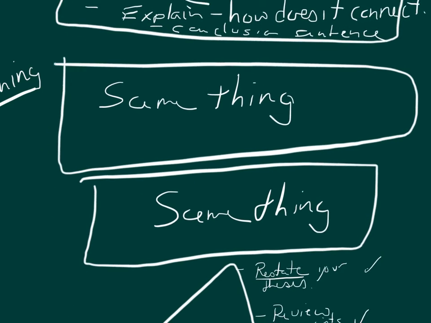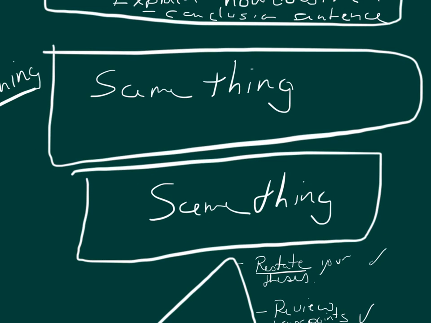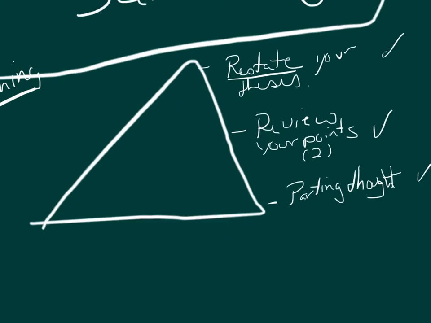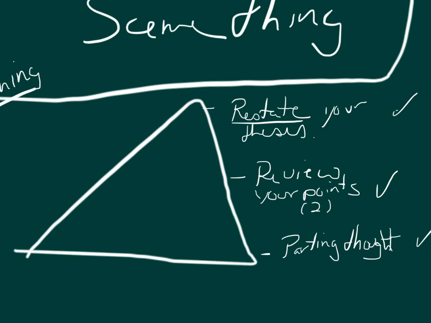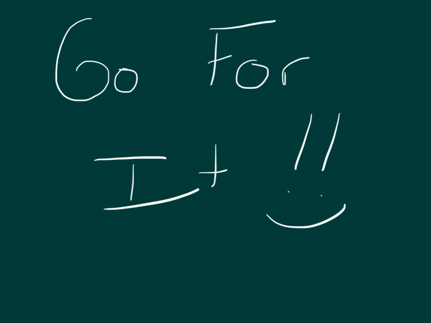And you do the same thing in each one of your following paragraphs on the different topics. And then you restate your thesis in your conclusion, review your points, and then leave any parting thoughts with your reader.